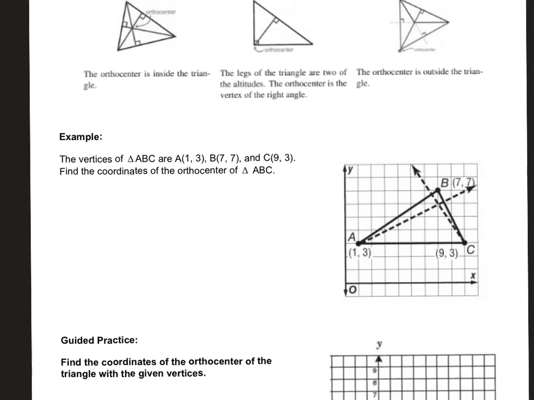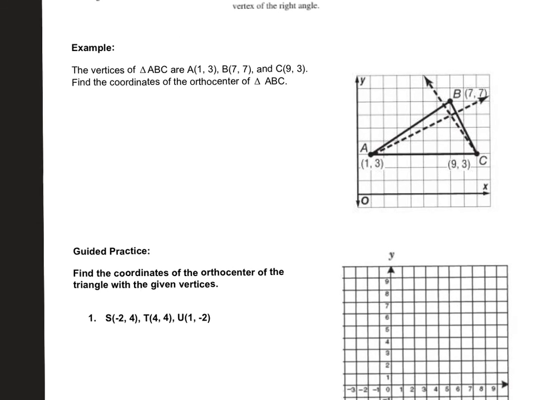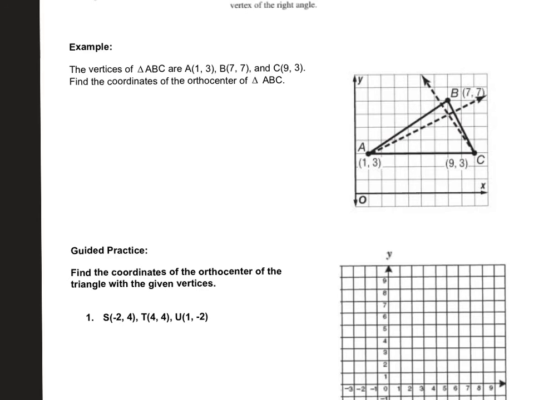Now, these examples here would like us to find the coordinates of the orthocenter of ABC, given our vertex coordinate points. We could go through this. We have our points here. We could do that a few ways, one of which is to find where the altitudes to two of the sides intersect.